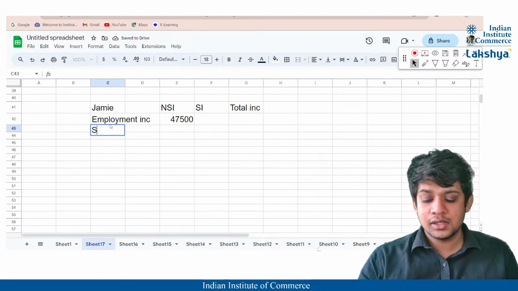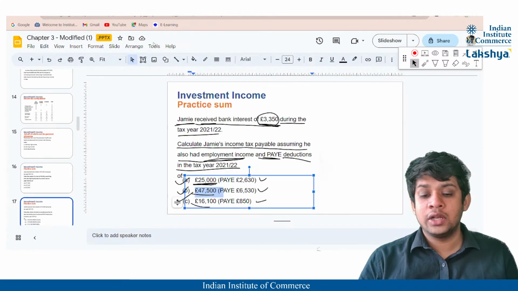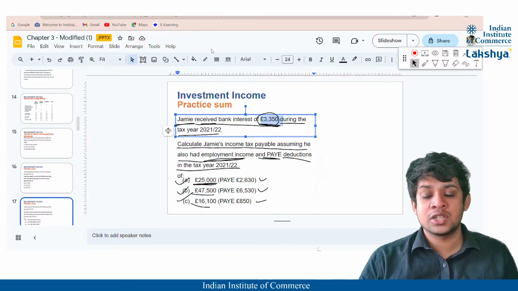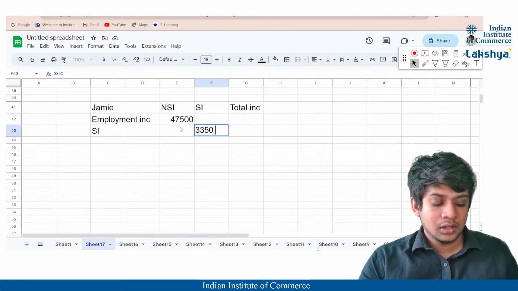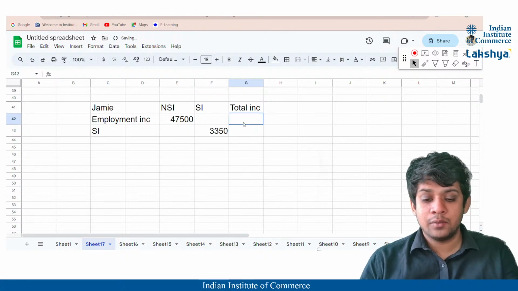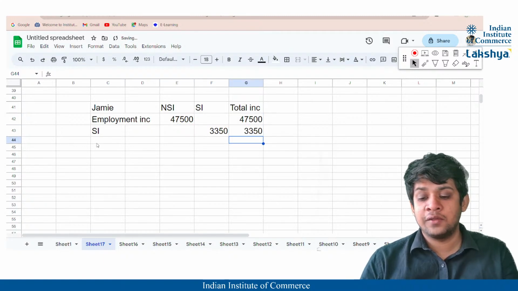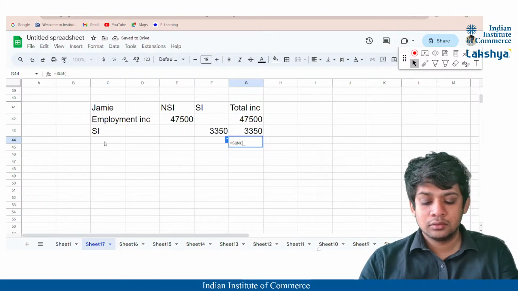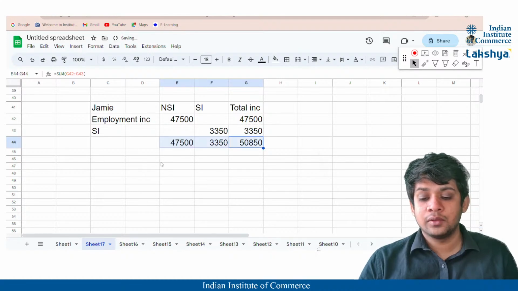Then he has savings income of the whole year. For all of the situations, it is 3350 only, right? So now his total income will become 47,500 plus 3350, and the total will be 50,850, right?